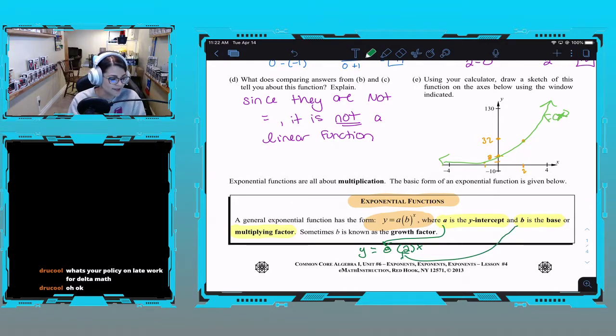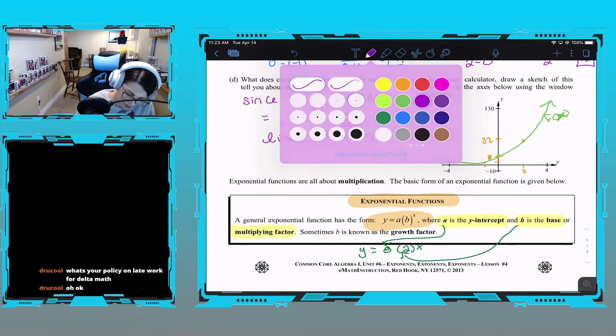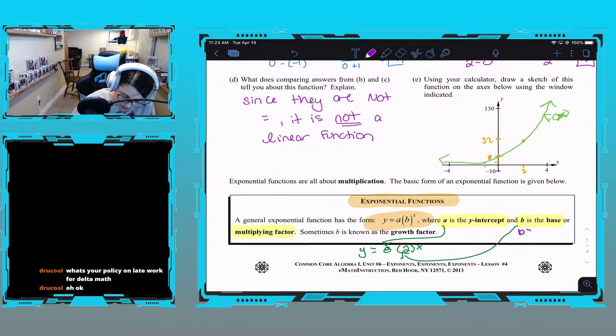If you have a b that is greater than 1, that means it is exponential growth. So let's write that down. If b is greater than 1, it is growth. And we're going to get more specific with that in another lesson.